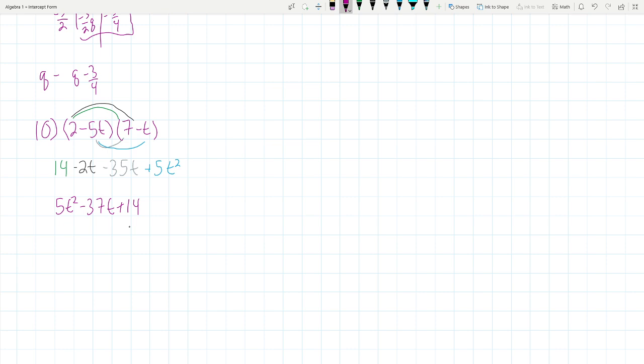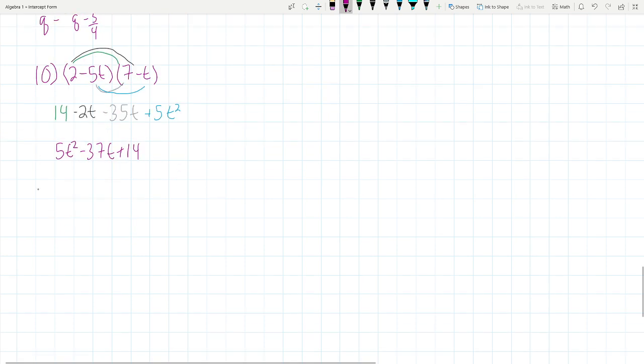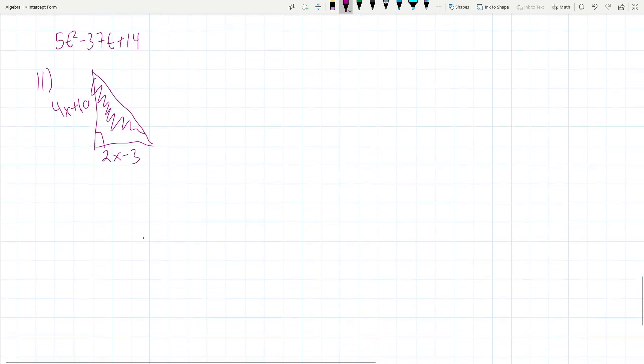In exercises 11 and 12, we're going to write a polynomial that represents the area of the shaded region. Alright, so for number 11, if you don't have the note packet for some reason, it is 4x plus 10 and 2x minus 3. This is a right angle, and this is all filled in the middle. So we need to find the area of this triangle.